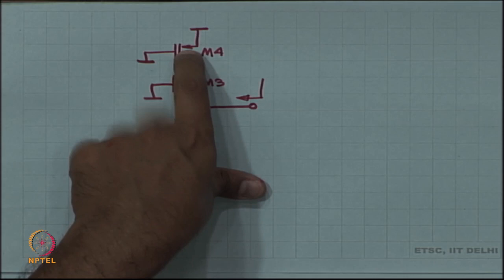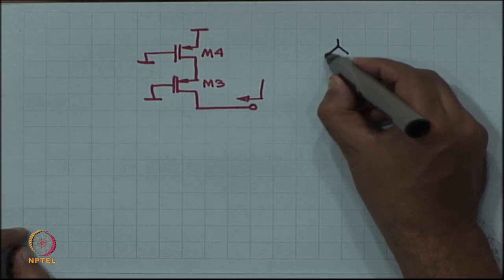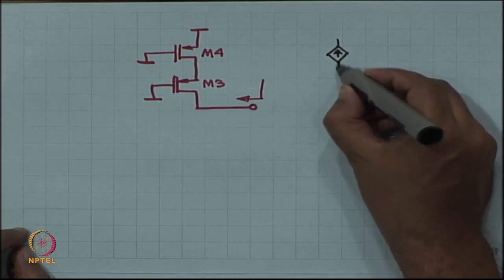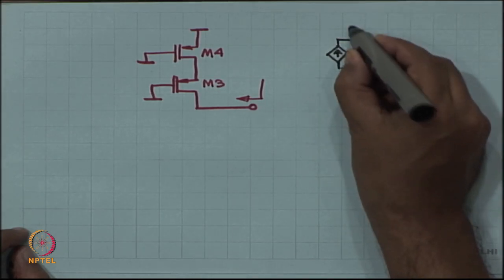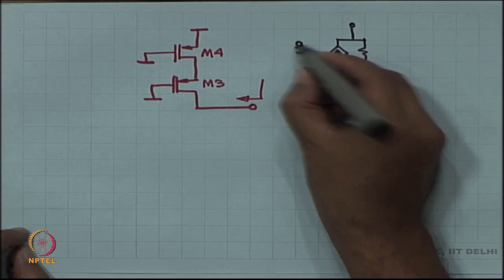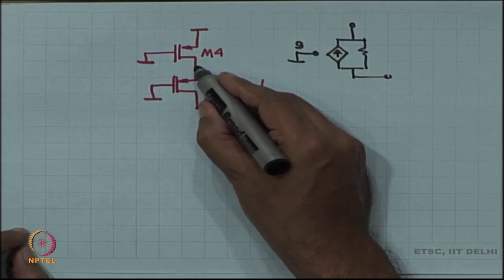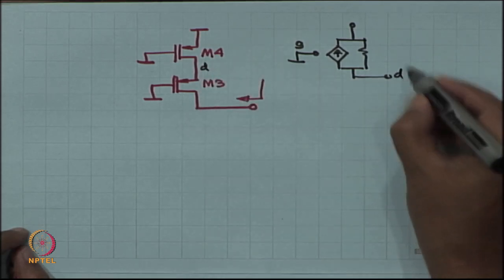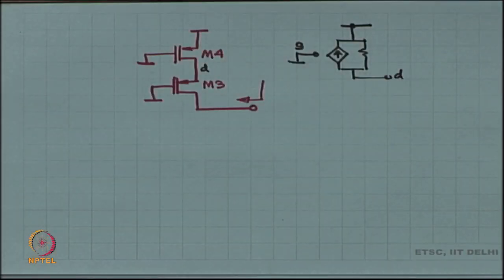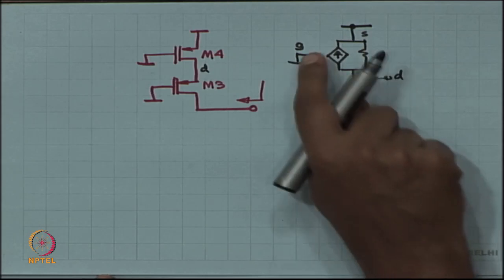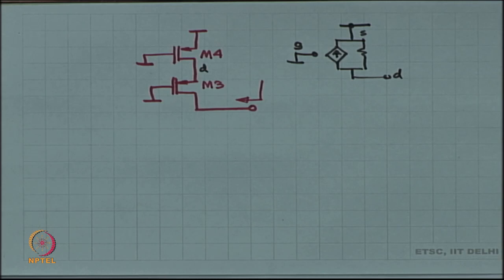So here I have got source on the top. The small signal picture of this particular PMOS should look like this. Gate is at ground, drain is over here, and the source is at ground, and gm times vgs should point upwards, because it always points towards the source.